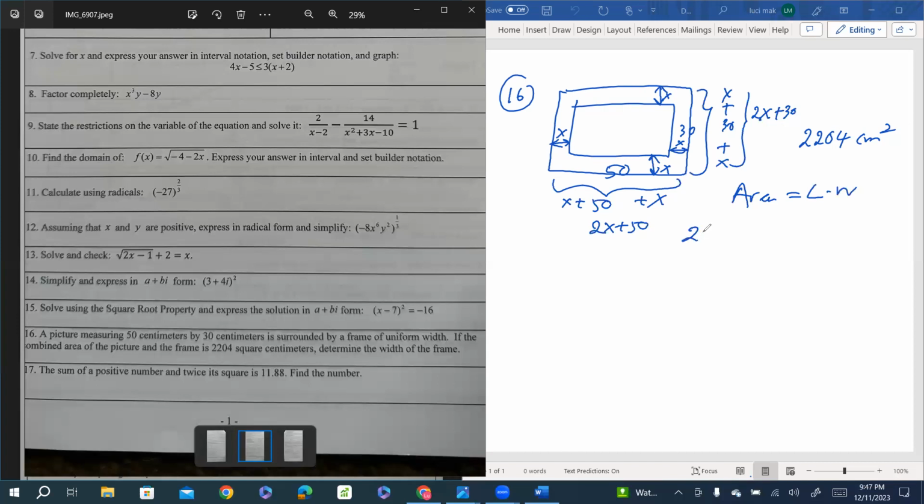Now we know the area of a rectangle is equal to length times width. So area is 2204 equals length 2x plus 50 and width 2x plus 30.